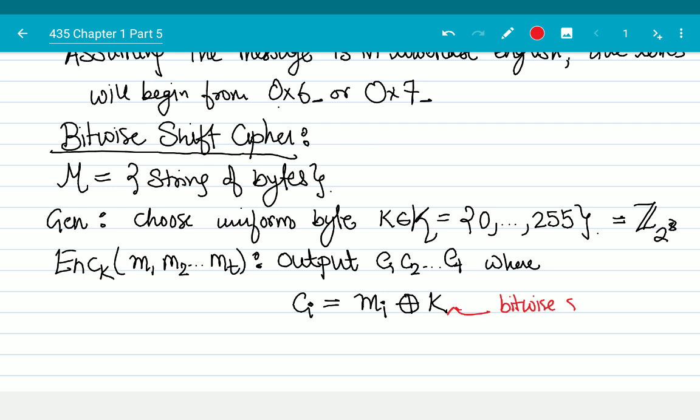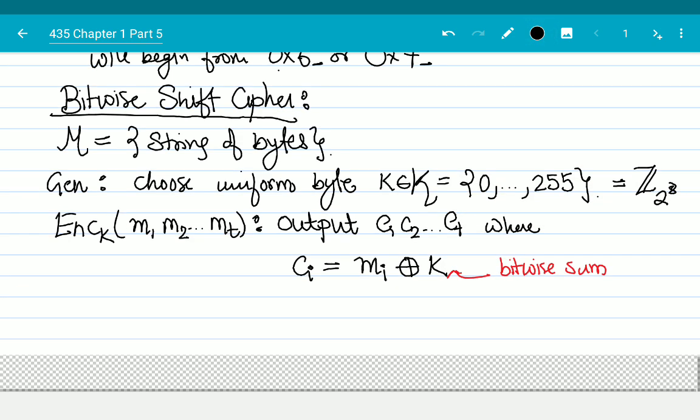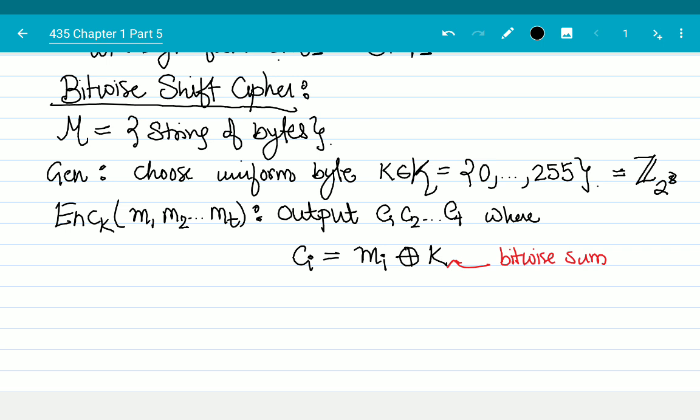Bitwise sum. This is sum in base 2. 1 plus 1 is 0, 0 plus 1 is 1. You just add the bits.